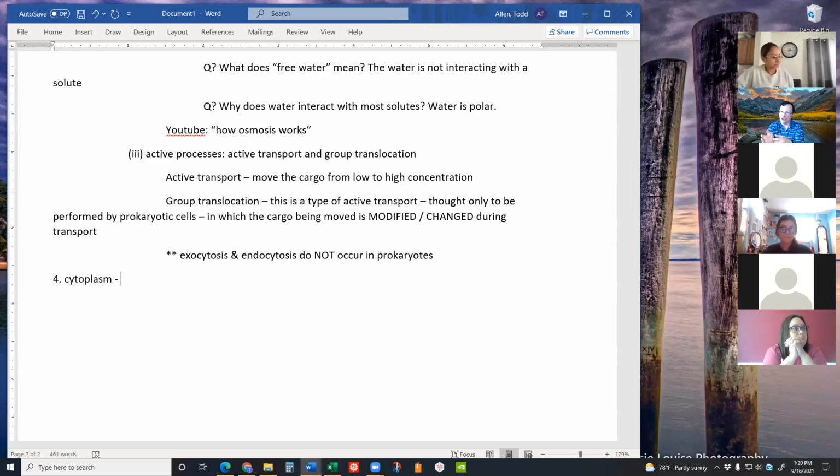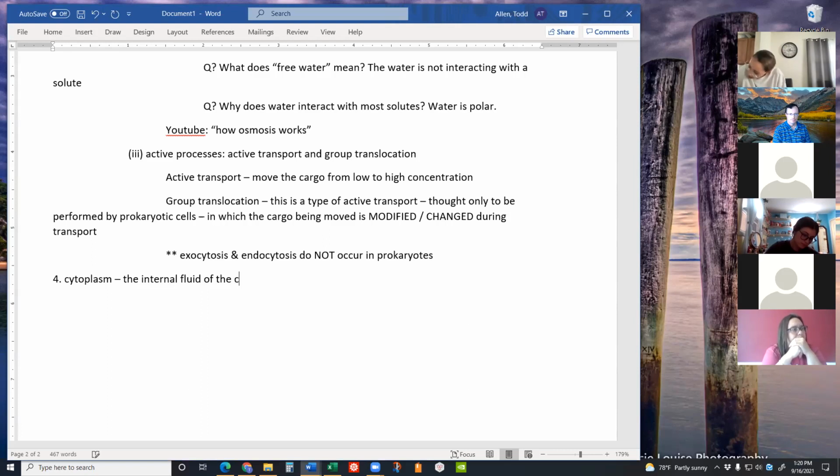So it's more like a jelly, like strawberry jelly, grape jelly, that kind of thing. This is the internal fluid of the cell, which is made of water plus a variety of solutes and has a jelly-like composition.